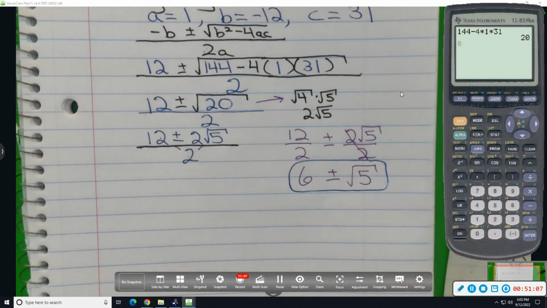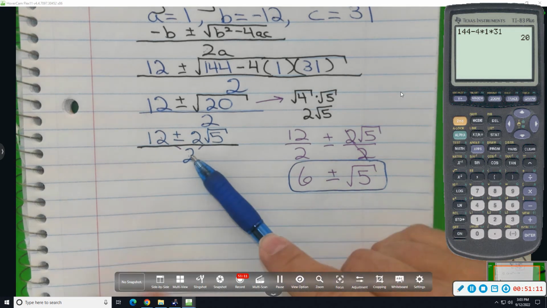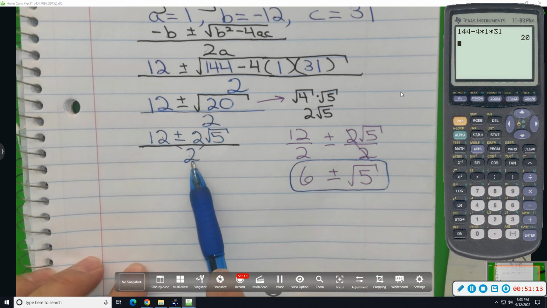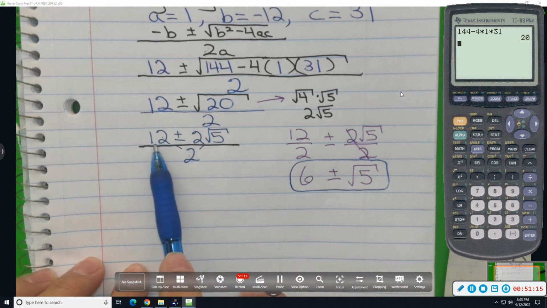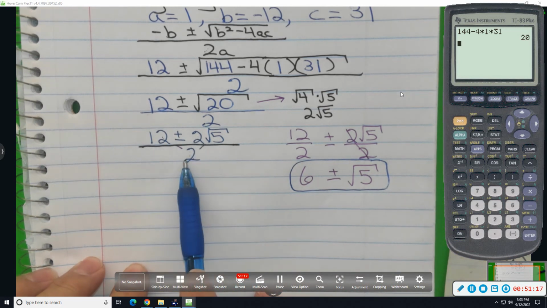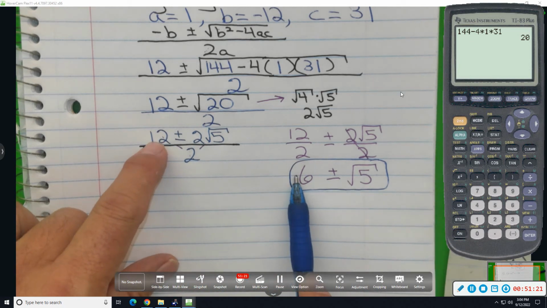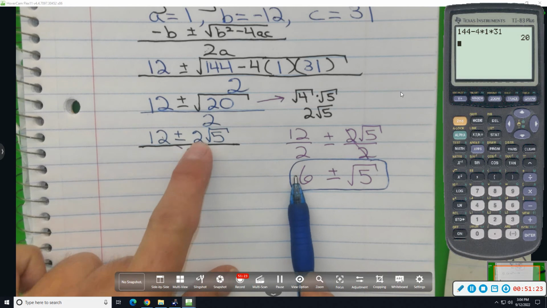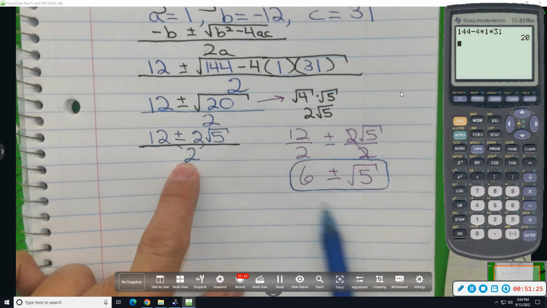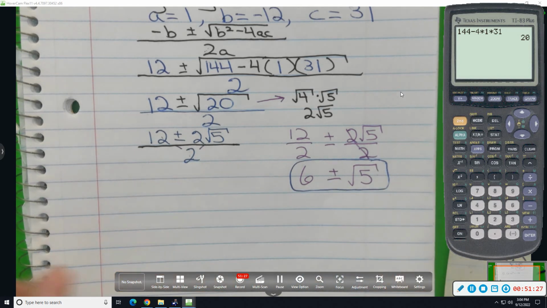Another way I'd mentioned before, just look at the three numbers that aren't under the square root. What could I divide all three of these numbers by? 2. So that would put a 6 here, a 1 there, and a 1 in the bottom. So we still get the same answer.